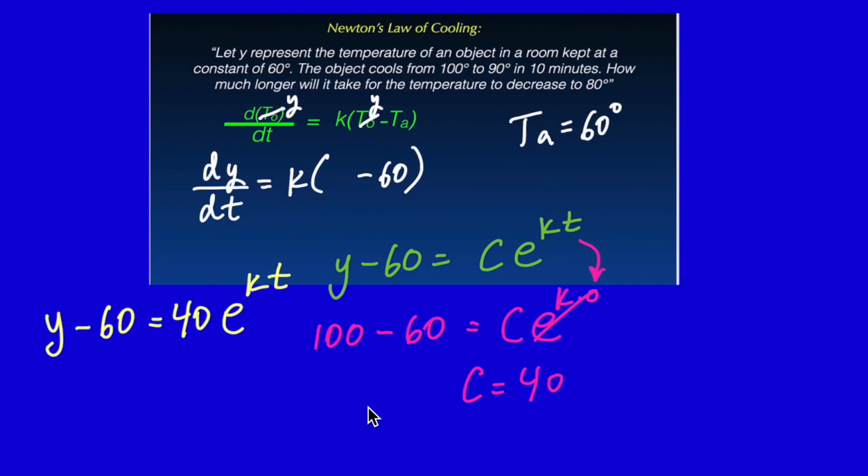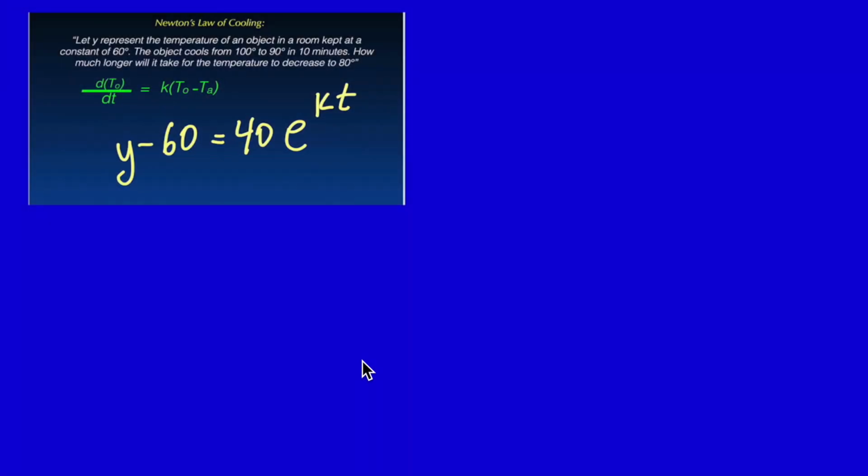And next, we're going to go ahead and plug in our second data point, and figure out our k. Okay, now we have our equation with our c having been determined using the initial conditions with t equals 0. Our next endeavor is to find the k value. Folks, when you find the c and the k value, you can answer any subsequent question.